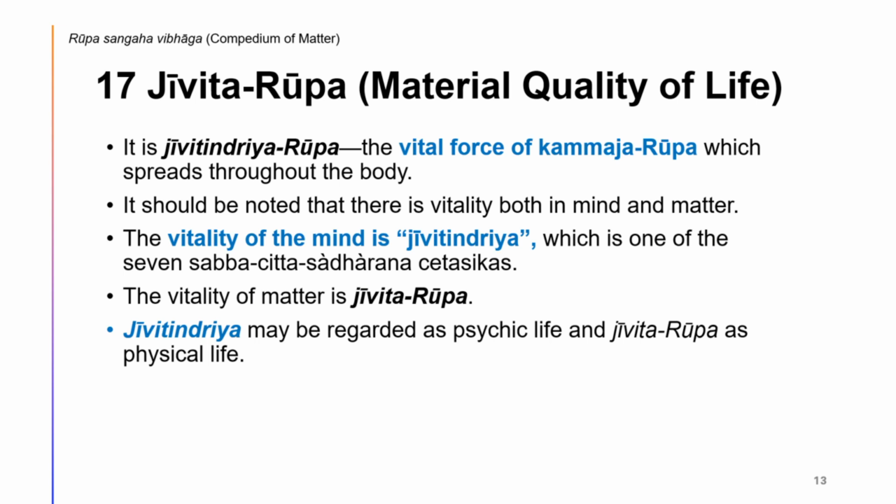A note may be made that the faculty of life discussed here with regard to living beings has nothing to do with the growth of flora, which is conditioned by temperature. So this talks about the physical Jivita Rupa and also the mental Jivitindriya. When we learn this, if you want to practice more, make sure these two are strong.